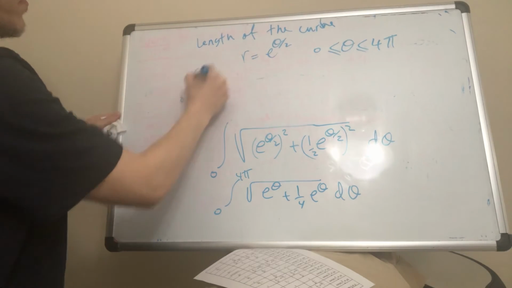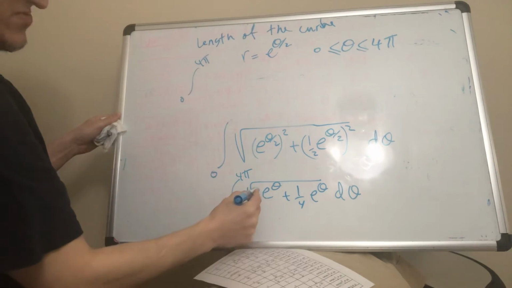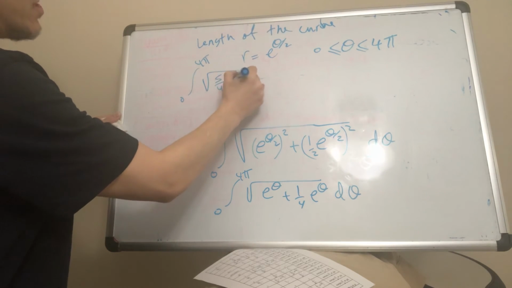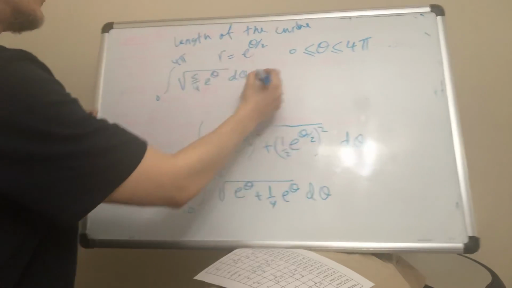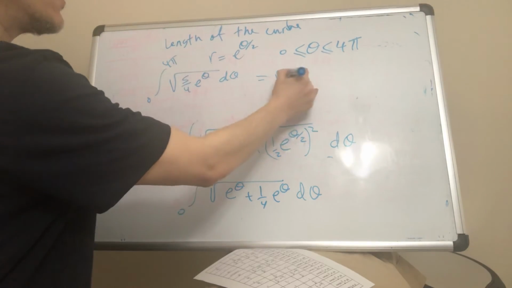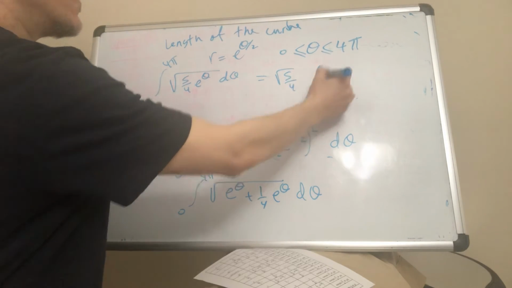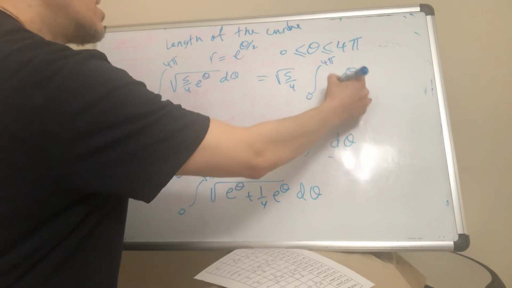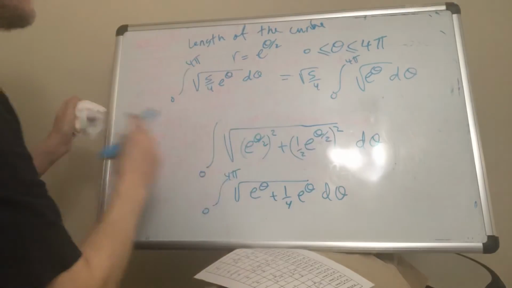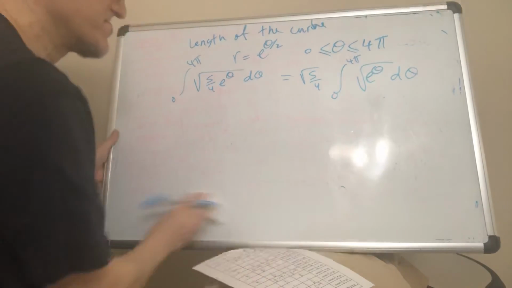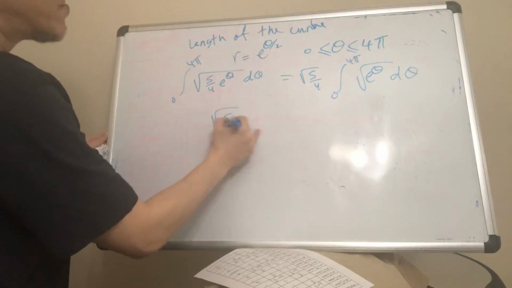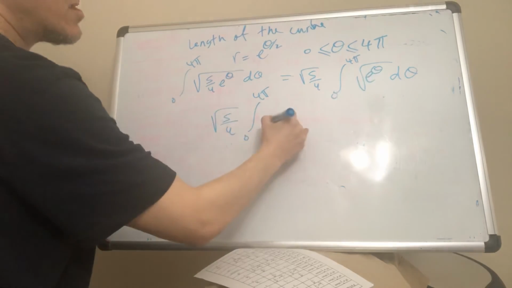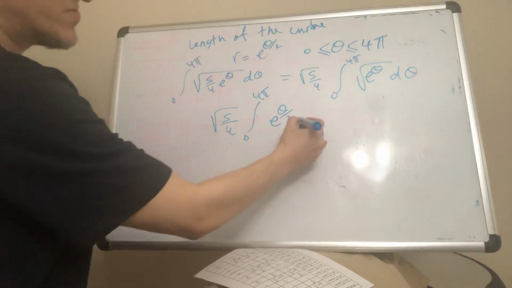So now I have 1 plus 1/4, so 5 over 4 e to the theta. I can take the constant out, so I have e to the theta under the square root. Or basically, e to the theta under the square root would be e to the theta over 2.